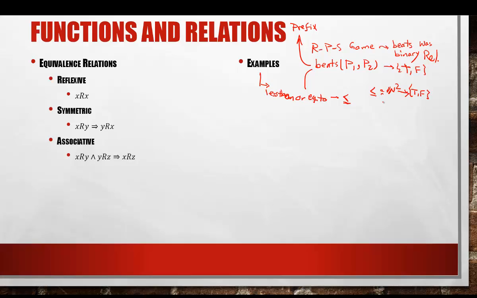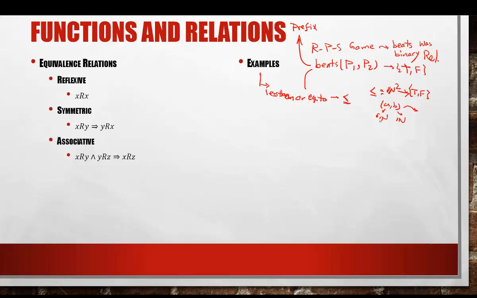So it takes a binary pair of, let's say, A and B, such that A belongs to the natural numbers and B belongs to the natural numbers. Then it maps this onto a Boolean value, false or true.